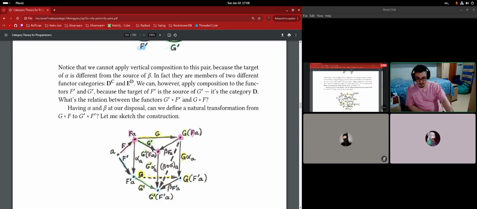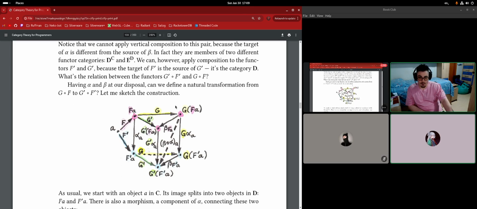Then you have G, which is another functor, so you're basically wrapping G on top of the stuff. So G F of a, here you're gonna have G prime F of a, and here you're gonna have G prime F prime of a, and you're also gonna have G F prime of a. So all the possible combinations. This is why we have so many points in here.